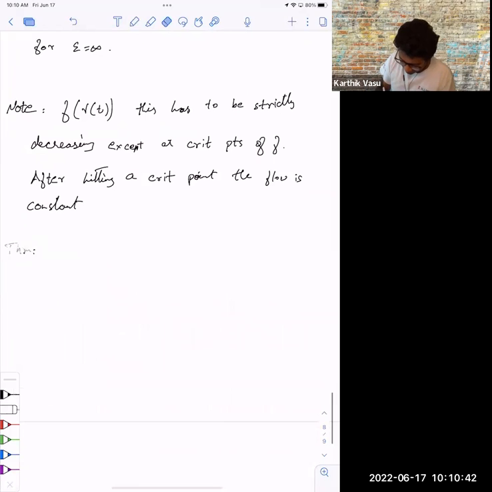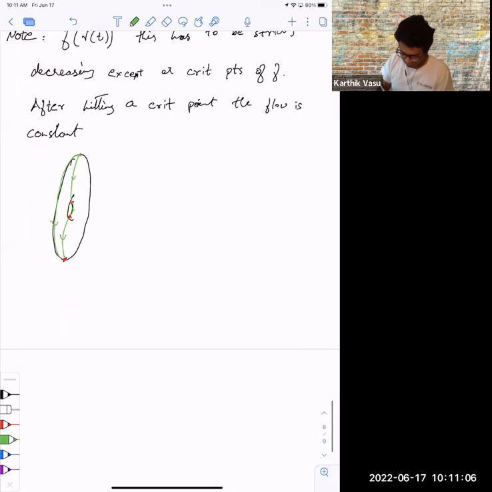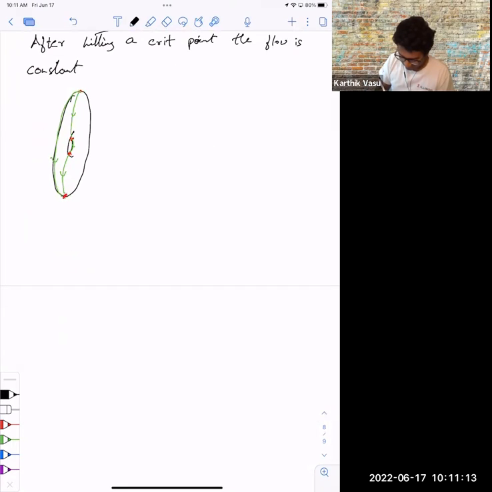Or in the case of the torus, again, if you look at the flows, they will either go like this to here, or they will go down here or here or here. So if you draw a bunch of them, you will observe that all of them tend to end up in critical points. And this in general is a fact.